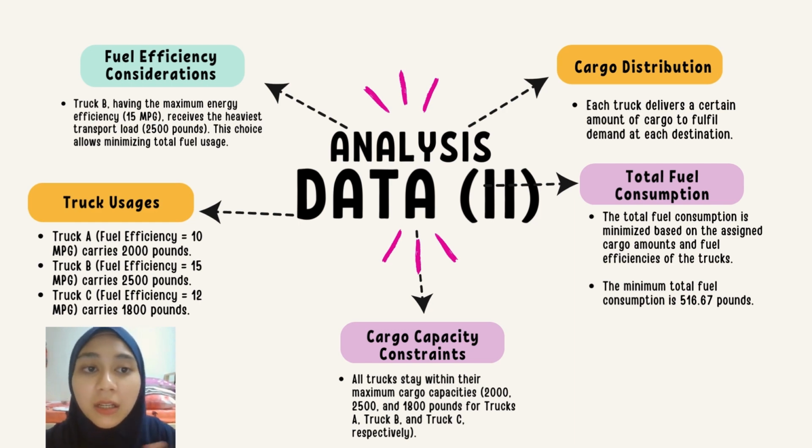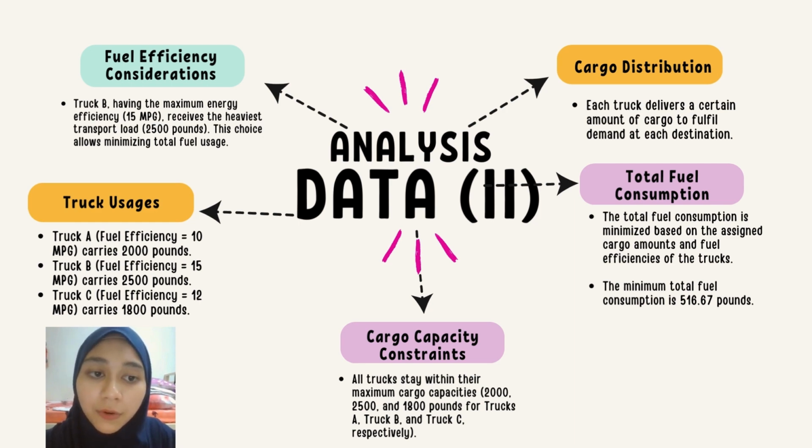Next, cargo distribution: each truck delivers a certain amount of cargo to fulfill demand at each destination. Third, truck usage: truck A, fuel efficiency 10 mpg, carries 2,000 pounds. Truck B, fuel efficiency 15 mpg, carries 2,500 pounds. And truck C, fuel efficiency 12 mpg, carries 1,800 pounds.